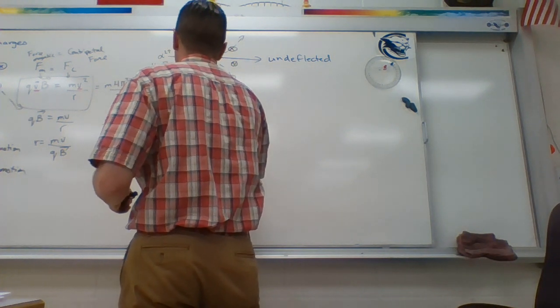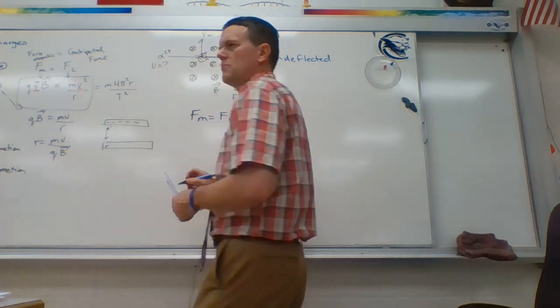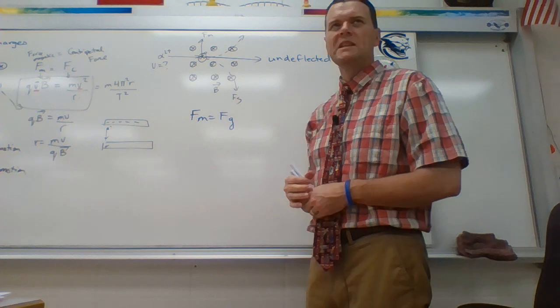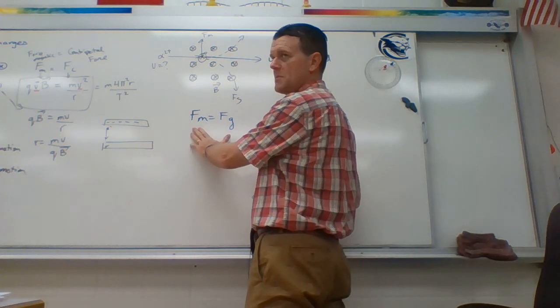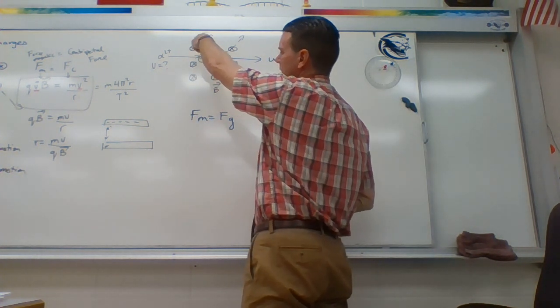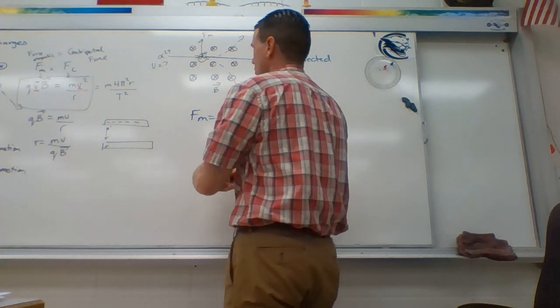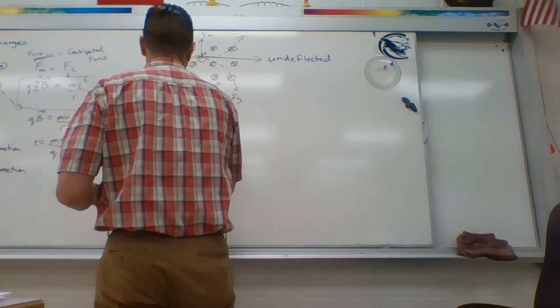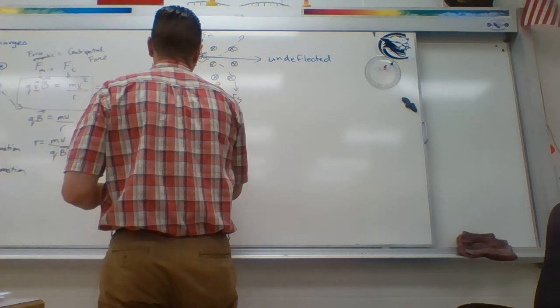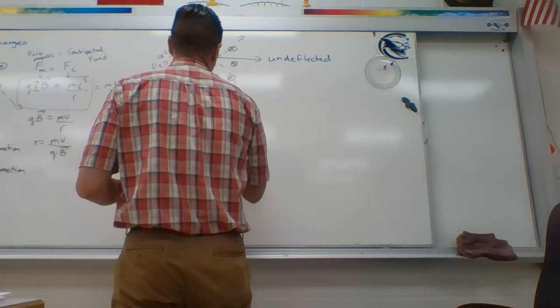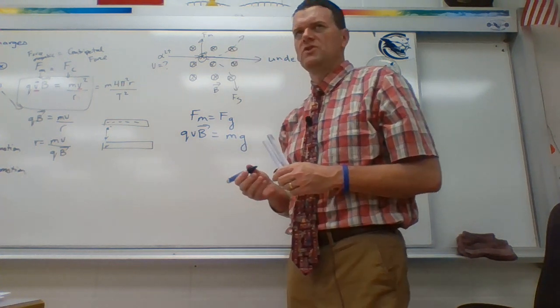And watch for that in a number of questions, because what it just means is you can equate them to each other, because whatever the force magnetic was, it's being canceled by the force of gravity, and we can expand both of these. Okay, so the force magnetic would be QVB, and the force of gravity would be mg.